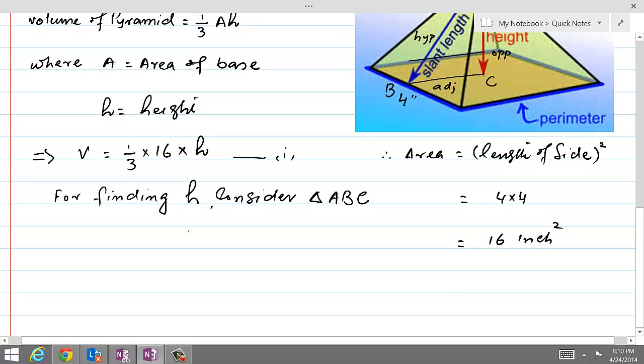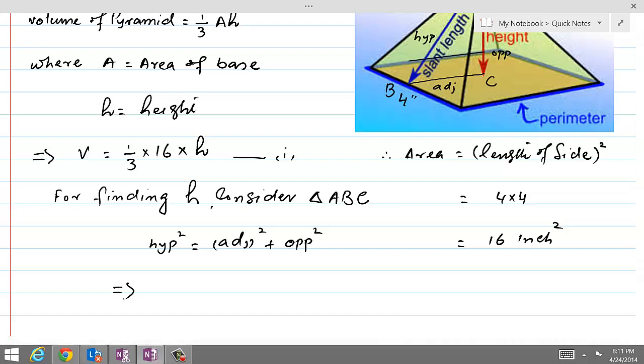Therefore, we can write hypotenuse squared equals adjacent squared plus opposite squared, and the hypotenuse, which is the slanting height, is given in the question as 12. So this will be 12 squared.